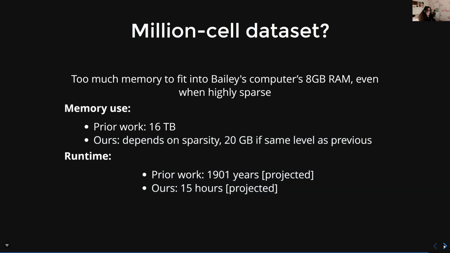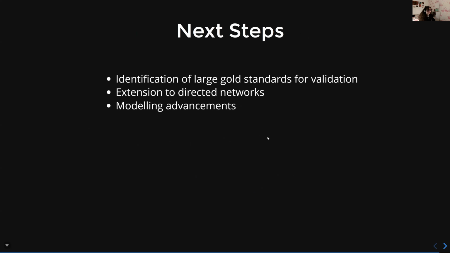And just to conclude, the next steps: what we are actually looking for is a large gold standard data set. We would like to have some more certainty when we validate our model on real data. At the moment we are struggling to have this gold standard. So we keep trying, but we're not very happy.